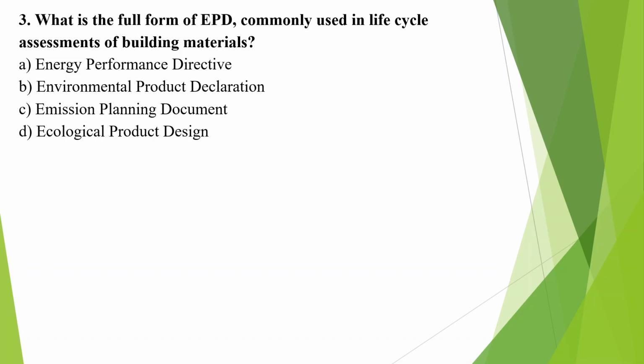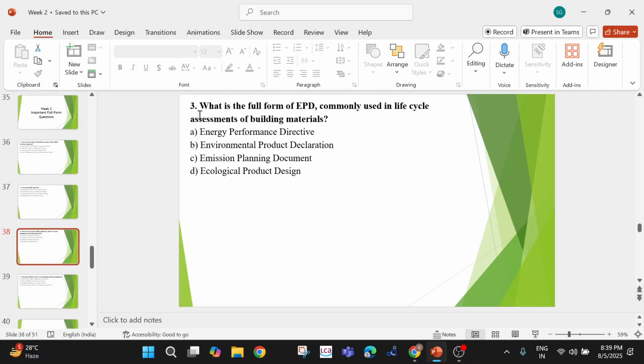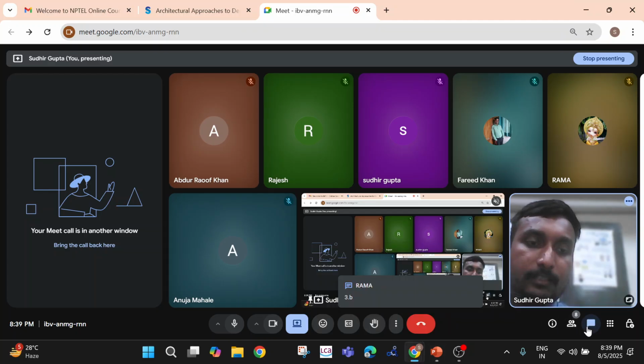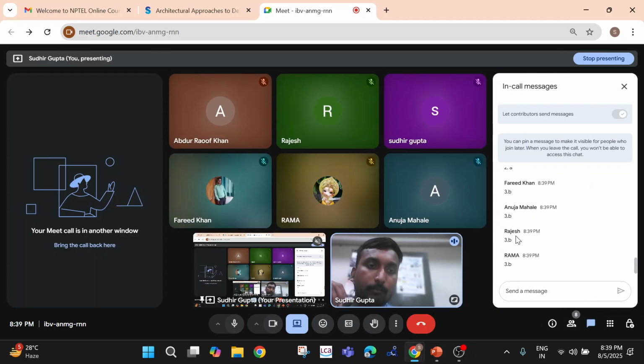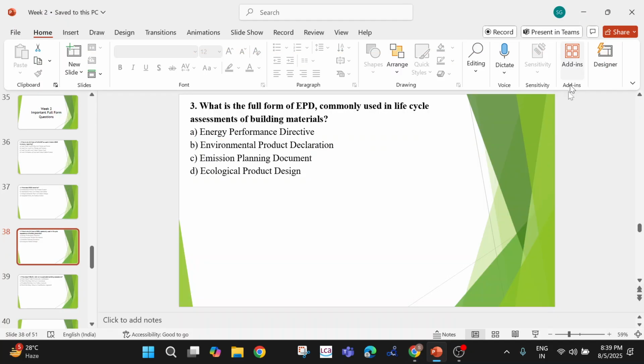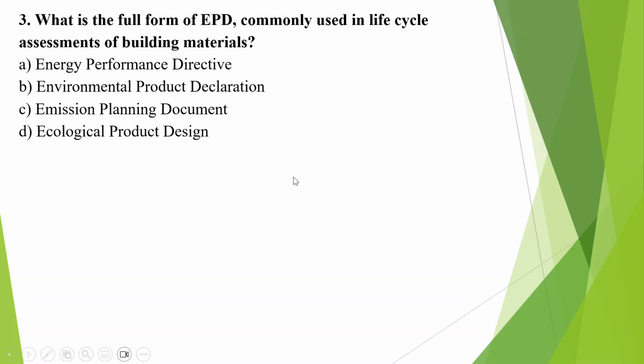As you can see, this was a very easy question since we have discussed it earlier, and most of you have opted for option B. There is no more doubt in this answer. Everybody's answer is the same and it is correct as well. So EPD refers to the environmental product declaration. Fine. So let's move to the next question then.